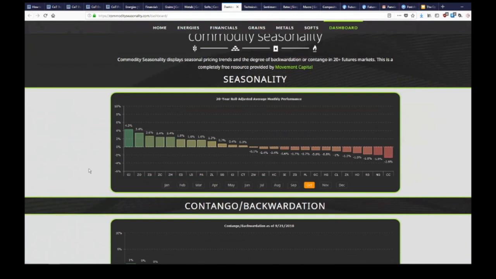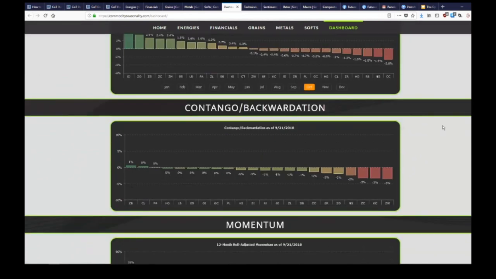If we're looking at the weaker performers, we're looking at the energy complex: heating oil, RBOB, nat gas, and crude right here too. This is looking at term structure in commodities, and term structure matters because, I wouldn't so much say cost of carry, but basically if you want to get long front month and there's a lot of contango, that's going to be a headwind and detract from your returns.